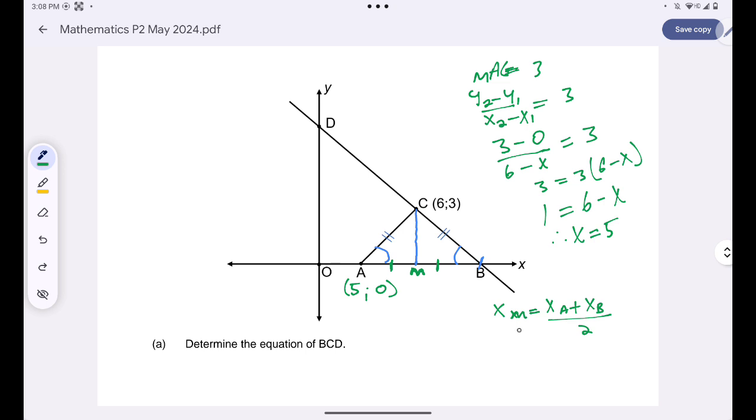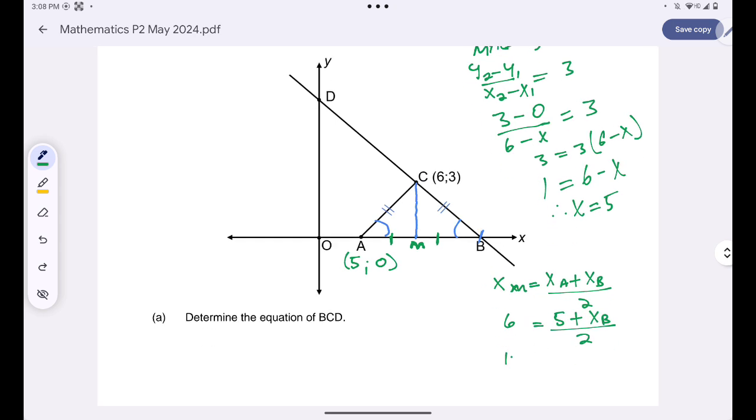I know that the x value at M is 6, and I know the x value at A is 5. I want to find the x value at B. So this will give me 12 equals 5 plus x at B. So the x value at B is simply equal to 7. So the coordinates of B are (7, 0).